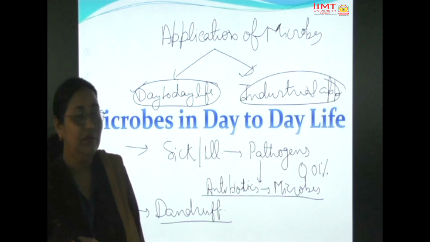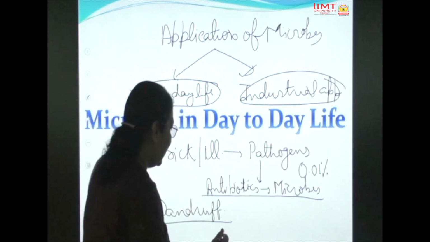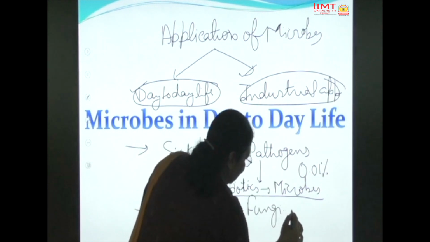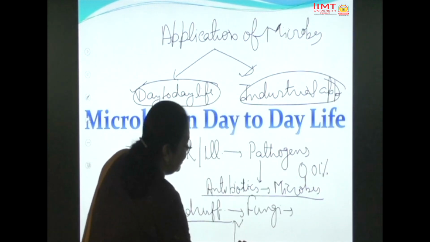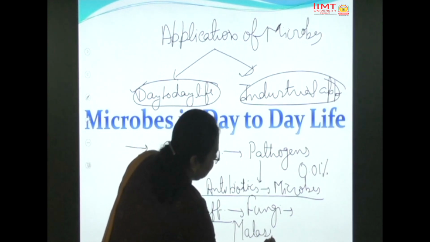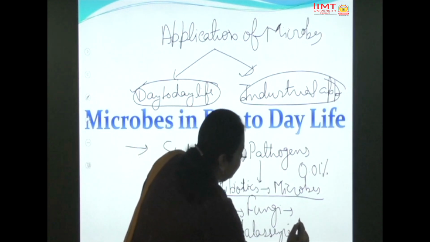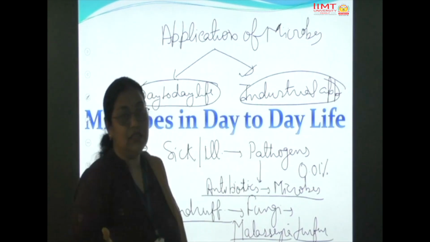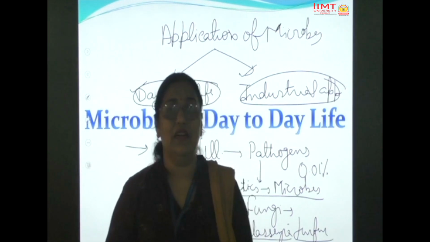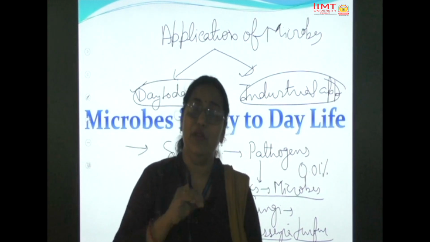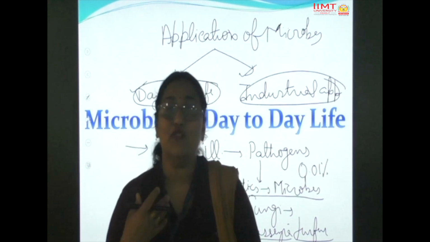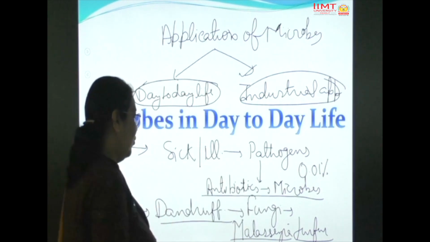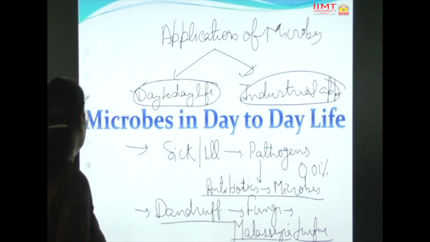Dandruff is caused by a fungus named Malassezia furfur. This is a scientific name. I am not saying that you have to learn this name, but we should know that in our day-to-day life, this common problem, the problem of dandruff, is caused by a fungus, that is Malassezia furfur.